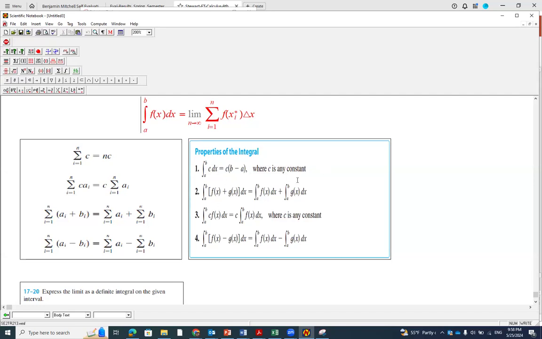So all of these properties are closely related to the summation properties. And that's why we don't have a product rule nor a quotient rule.